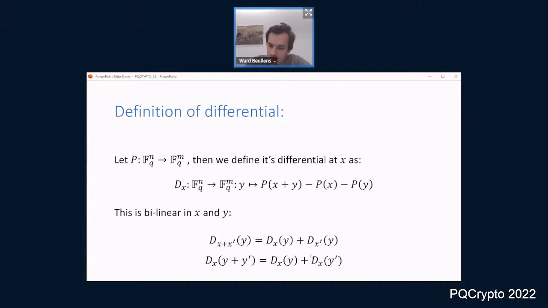You can easily check this yourself. And if it wasn't linear, then differential would be a bad name, because usually the differential of something quadratic better be something linear, right? Otherwise the name is not very good, right? But yeah, this is very easy to check, and it turns out that this is a very useful tool to construct schemes, but also to cryptanalyze schemes.